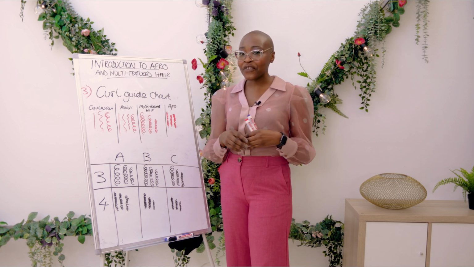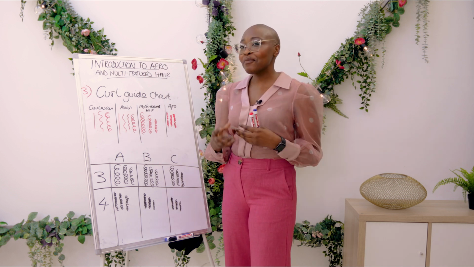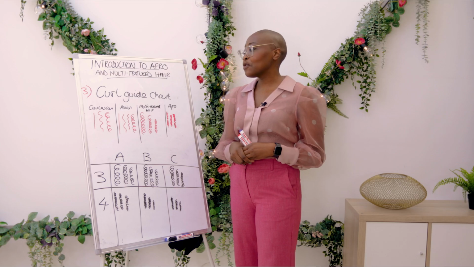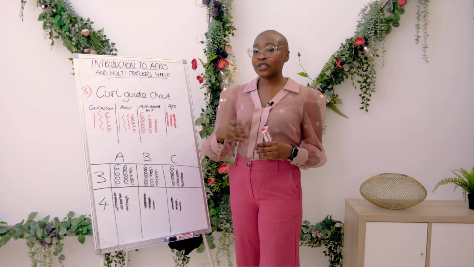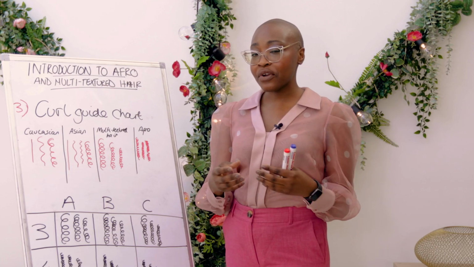And my reply was a lot of silence and very unsure faces staring back at me. They were a little bit afraid to guess what it possibly could be. So I realized as an educator, I needed to explain that and break it down so we all are on the same page. So when I reference Caucasian hair or Asian hair, you have an idea visually in your mind what we're talking about.